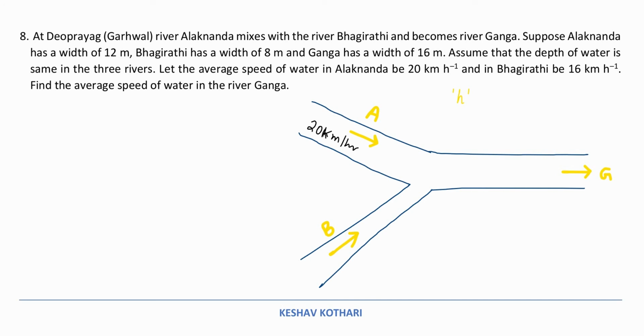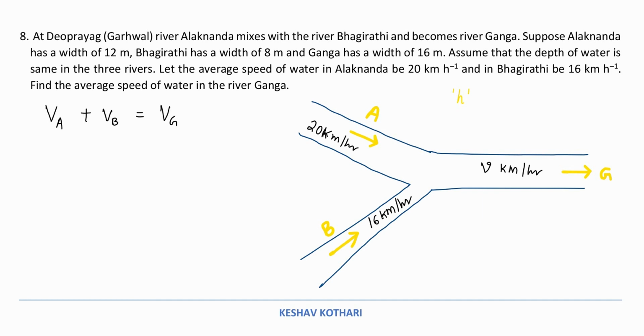And if the speed is 16 km per hour for Bhagirathi, a stretch of 16 km will flow into Ganga. Let the speed of Ganga be V kilometer per hour. So in each hour, a V kilometer stretch of the river will move ahead. Hence the volume poured in by Alaknanda and the volume poured in by Bhagirathi is equal to the volume flowing in the river Ganga.